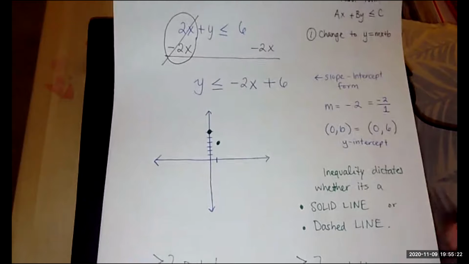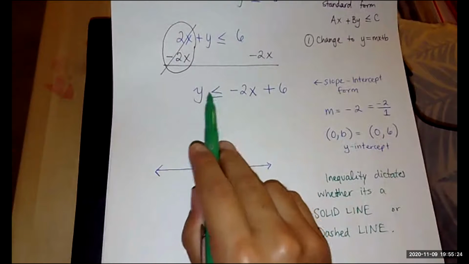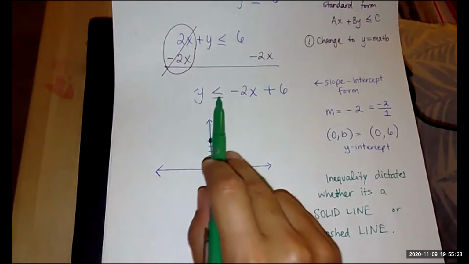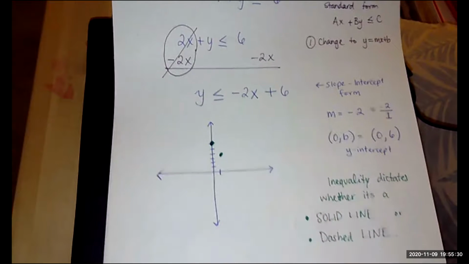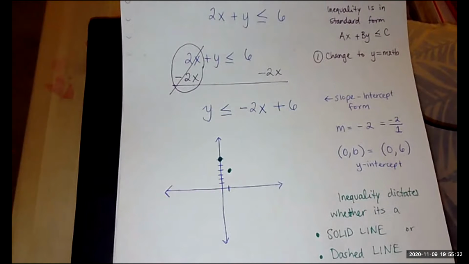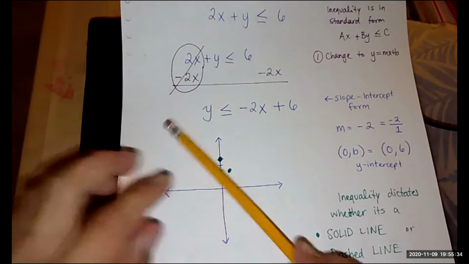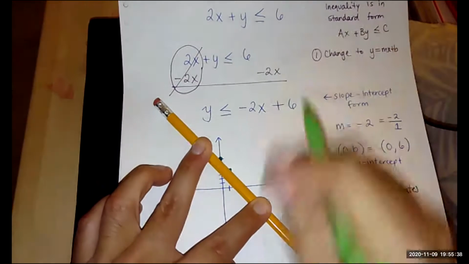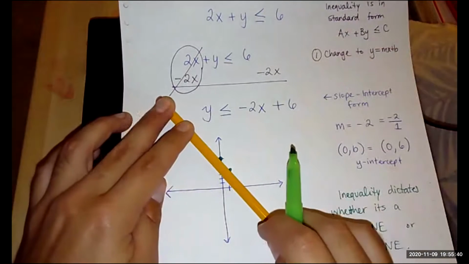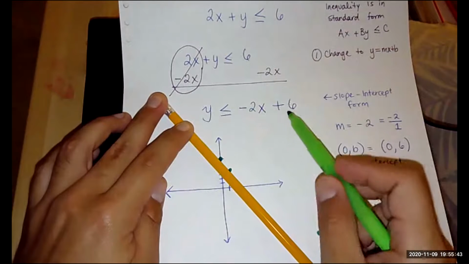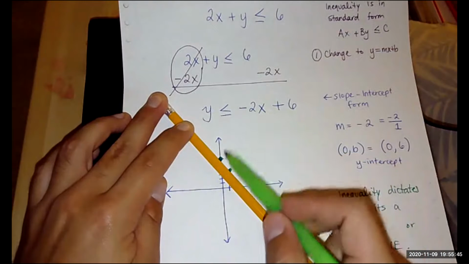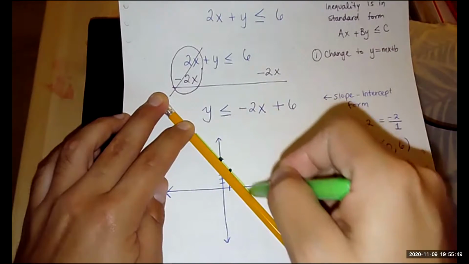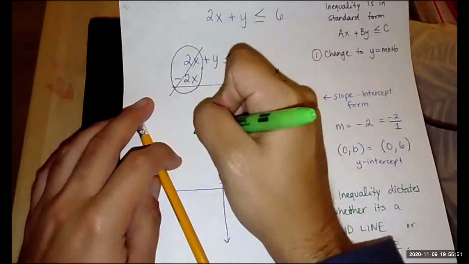Well, luckily, this first example has that inequality with the equal bar here. Y is less than or equal to this line. So that means I can just get my straight edge out and draw a line straight through these 2 points that I found. Right, and again, I found the 2 points by plotting the y-intercept, and then I used the slope to go down to over 1 to get the next point. Okay, so there's my solid line.